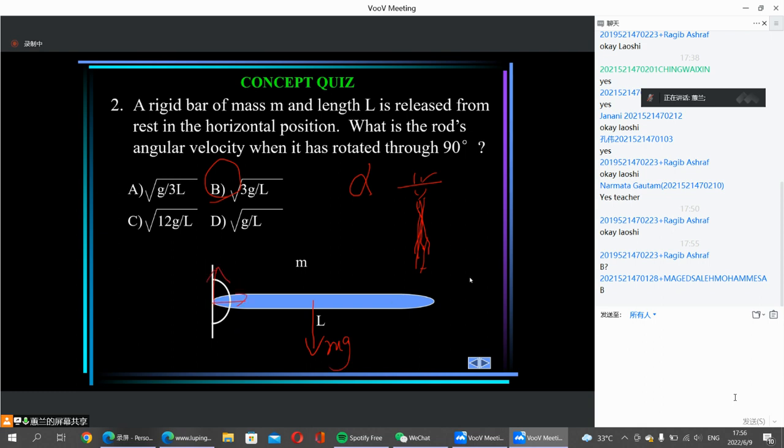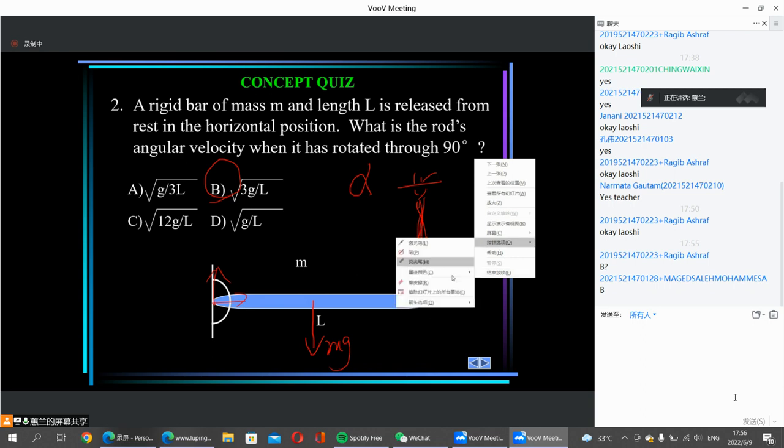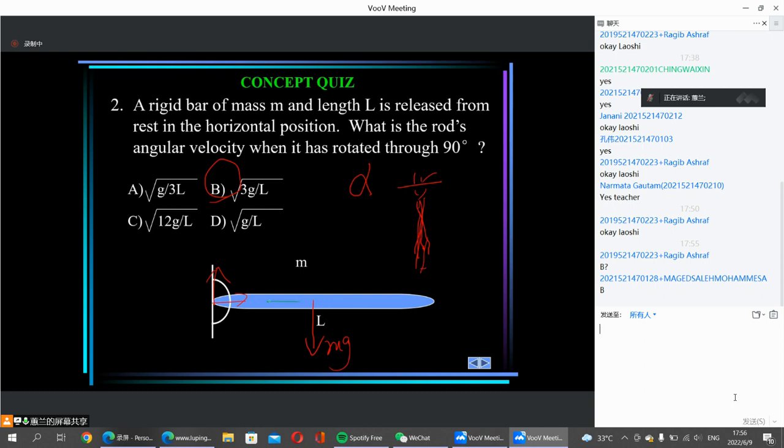And then I use the green one to indicate m a_G. So m a_G^n and m a_G^t, because when it's rotating, the mass center has a circular path, with tangential acceleration and normal acceleration. And I_G alpha, when it's rotating.